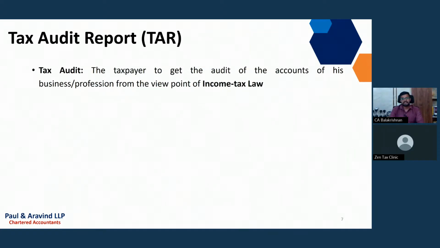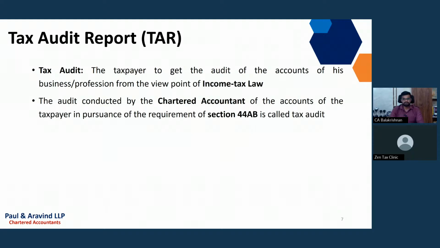And tax audit report. Generally, audit means independent verification or examination. Tax audit means independent verification in compliance with the Income Tax Act 1961. That is, a chartered accountant is the person notified by the income tax department under Section 44AB of the Income Tax Act to get the assessee's books of accounts audited.